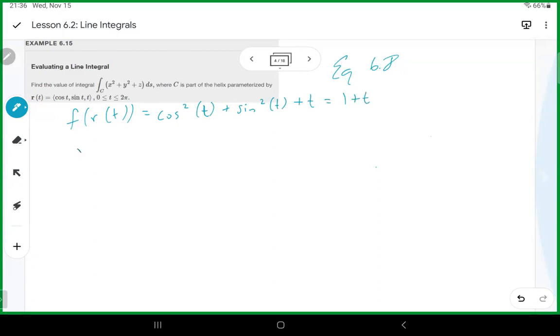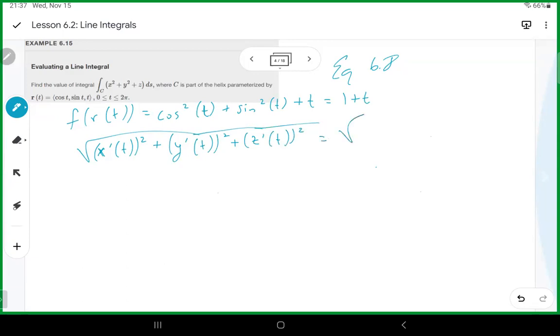And then the square root of x prime of t squared plus y prime of t squared plus z prime of t squared.